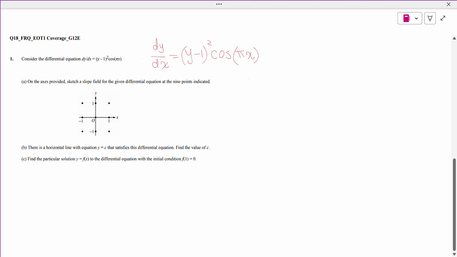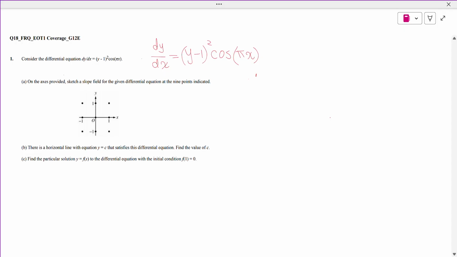Please make sure your calculator is in radian here, because we're dealing with pi, okay? Now, to sketch the slope field, you have to make a table of values, x and y and dy over dx, check the value and the sign of the derivative, which is the slope, and then you can sketch the slope field.